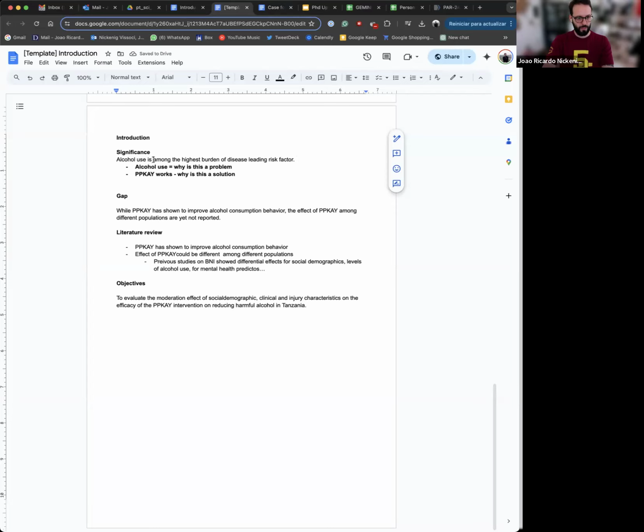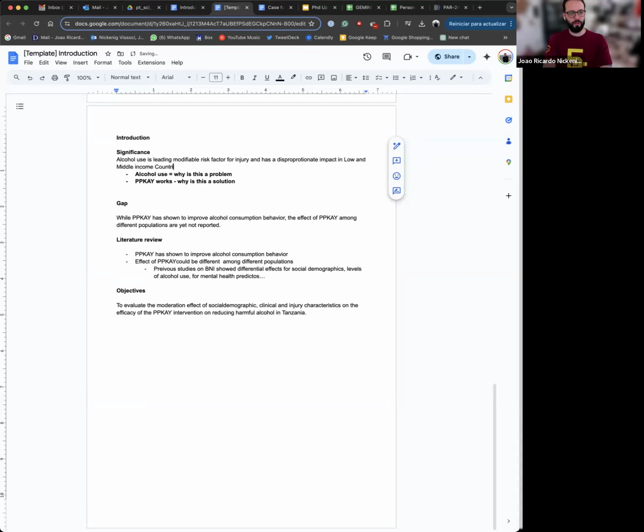Oh, let me change this. Alcohol use is the leading modifiable risk factor for injury, and has a disproportionate impact in low and middle income countries.